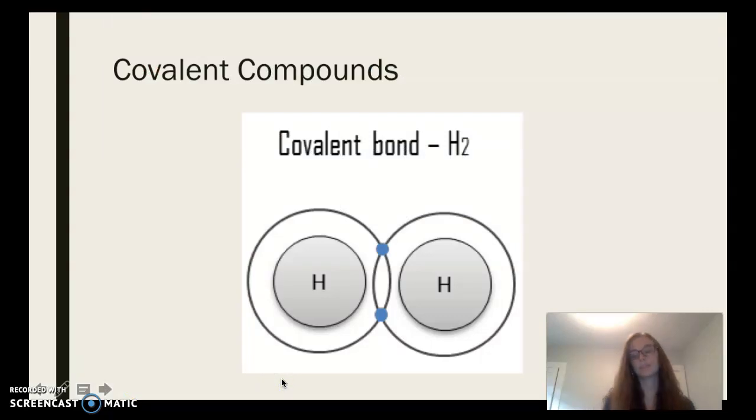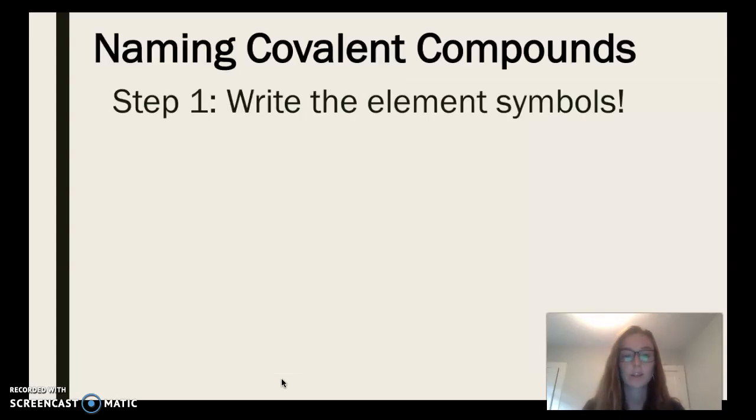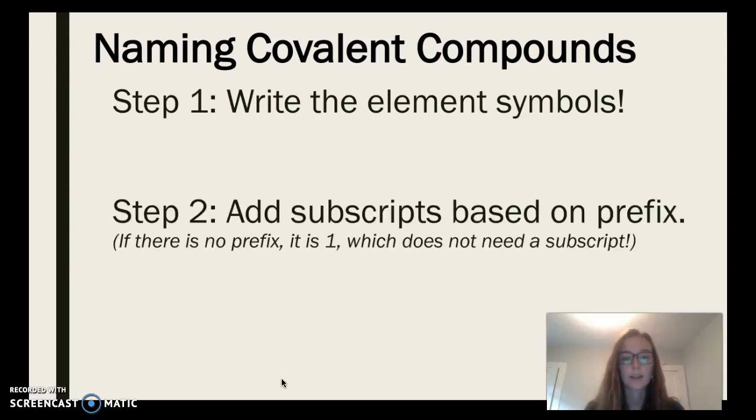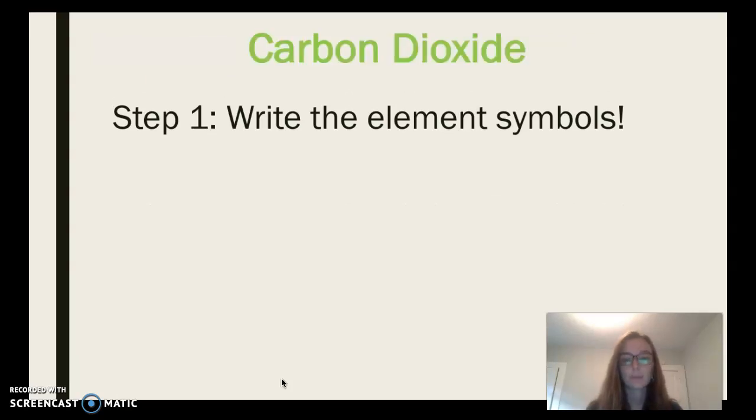Now talking about covalent compounds, switching gears a bit. Covalent compounds are when we share electrons, and again we'll talk about this more later in the year. For example, hydrogen, H2, is 2 nonmetals together, so they are sharing their electrons. Our steps for this are we just need to write the element symbols and then add the subscripts based on the prefixes we see. For example, for carbon dioxide, we have carbon and oxygen, because oxygen gets changed with the -ide ending.